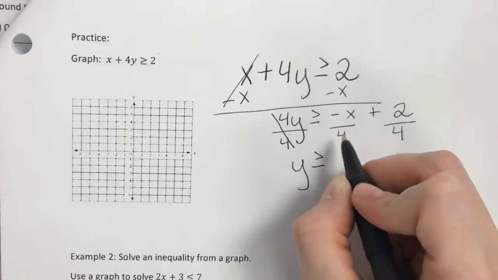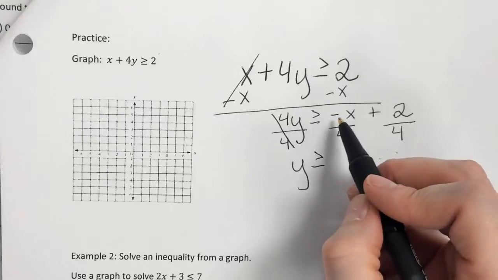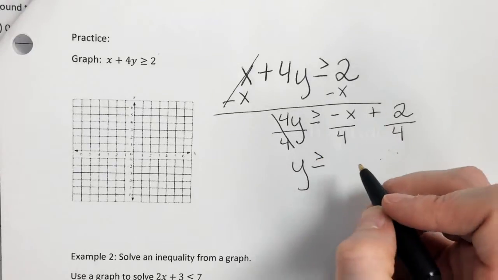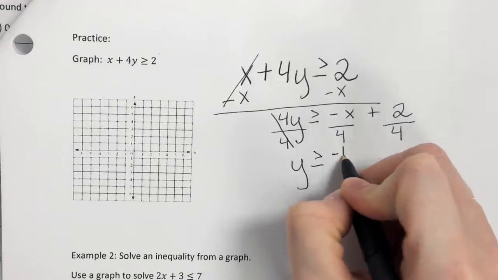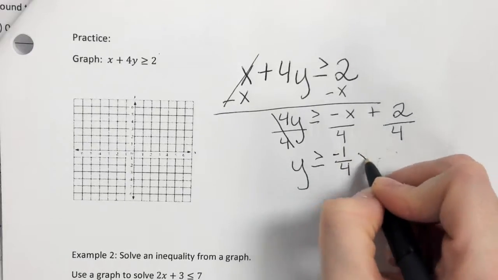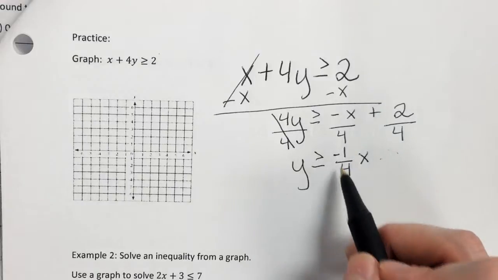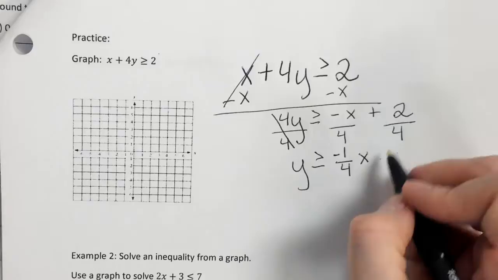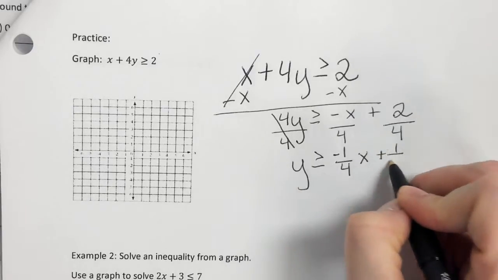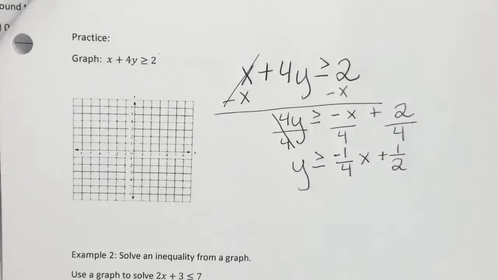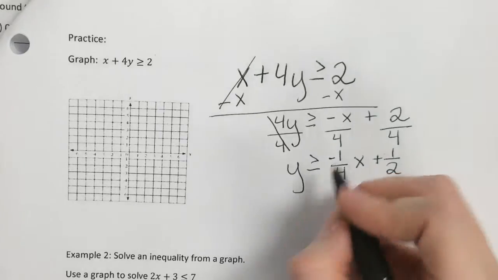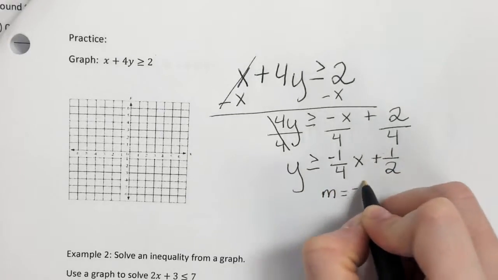Alright, I'm going to write the x first. But instead of x over 4, what can I write to help me a little? Devin? Jack, what you said isn't wrong. This just helps us see the slope a little bit. If you want to write it that way, it's fine. It's not a big deal. So now my m is going to be negative 1/4.